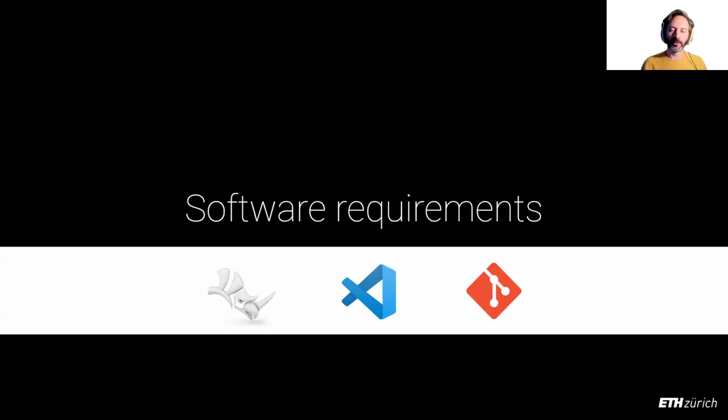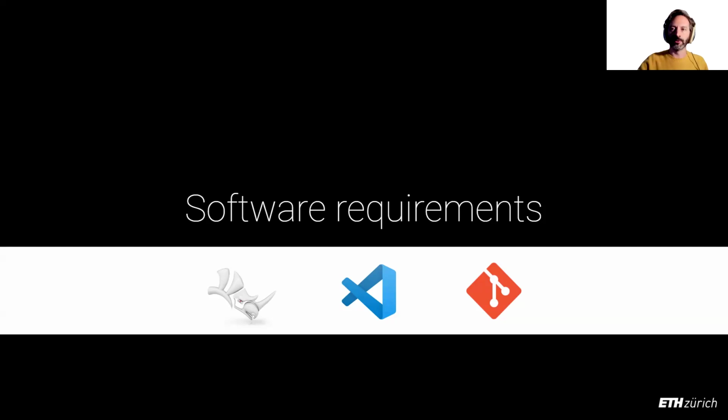The other two tools that we will use are a free text editor for code called Visual Studio Code, which is available on code.visualstudio.com, and Git, which is a version control software that is also free. To download Rhino, you do it through the usual channels.